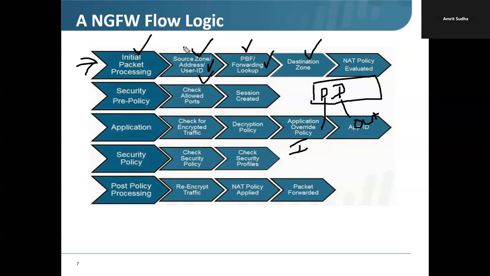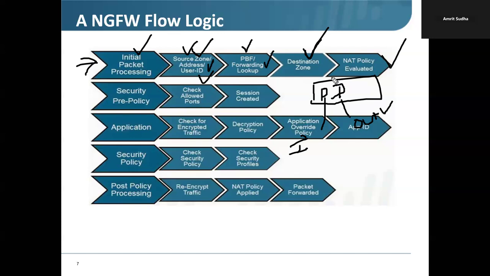So the source zone is outside and the destination zone is inside. It will check the destination zone and then the NAT policy. It checks the source IP address, source port, destination IP address and destination port in that packet, and accordingly it will go with the NATting.